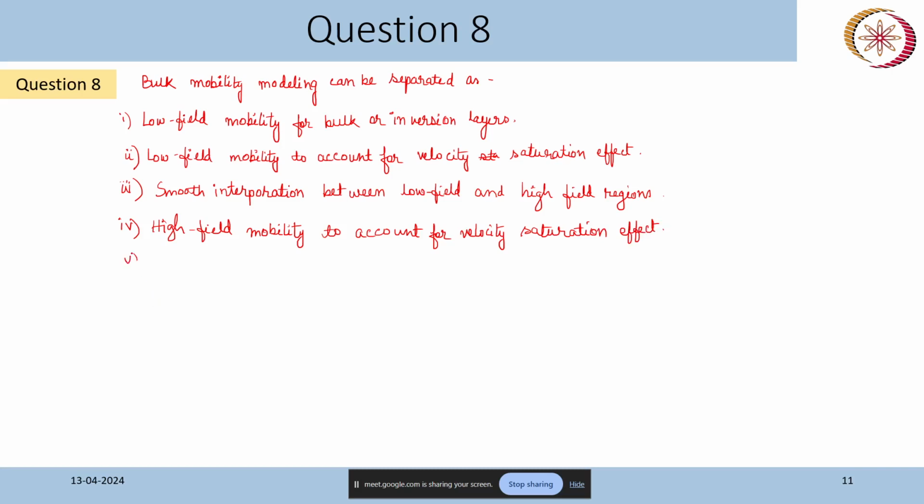Last statement is high field mobility for bulk or inversion layers.